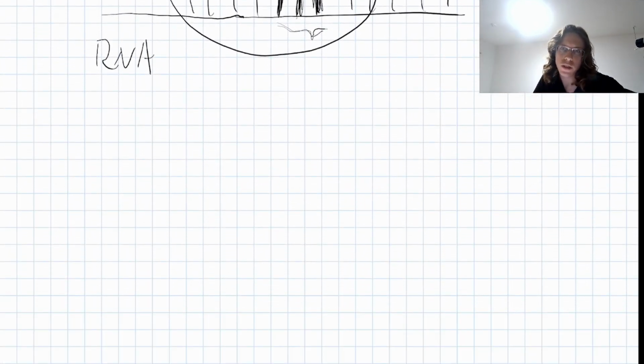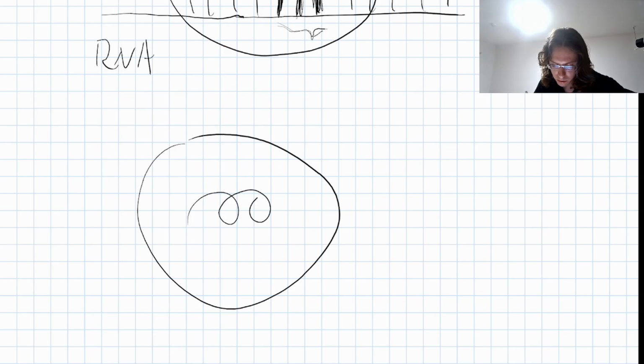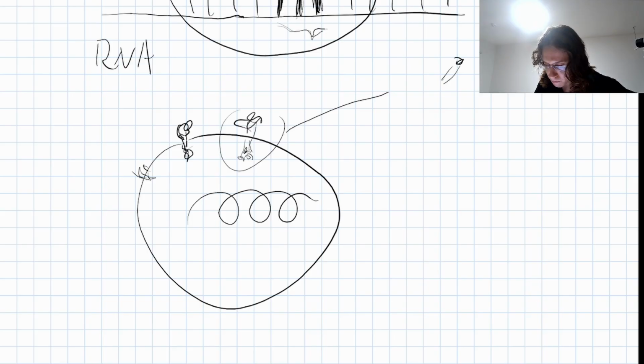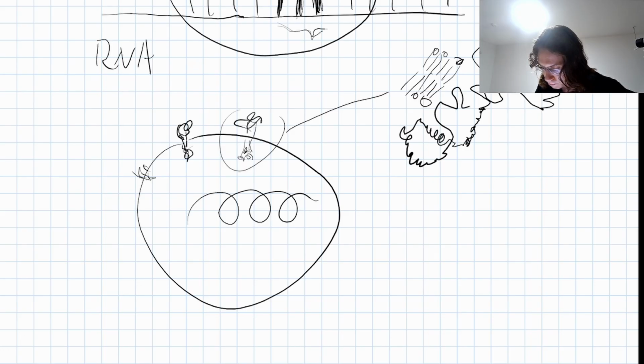Now, if you have proteins, they could also be stuck between the lipids on this cellular membrane and form simple receptors. It's like this.